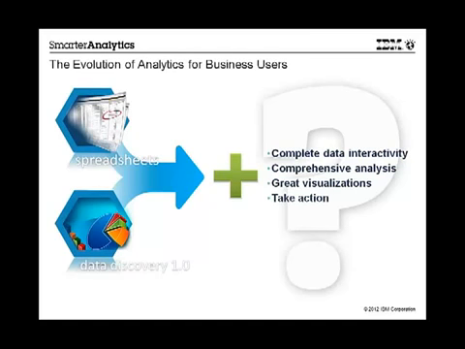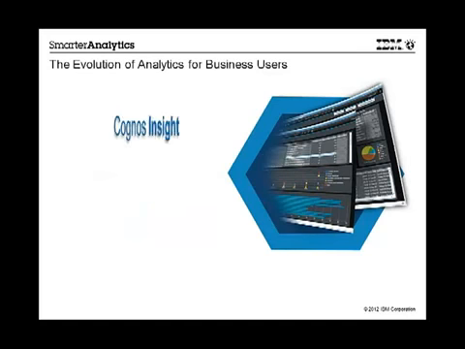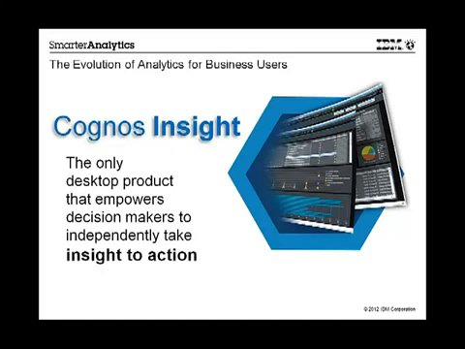And of course, last but not least, you should be able to take some action with that information. So what we needed was something that joined both the spreadsheet world and the data discovery tool world into one single product. And this is what Cognos Insight is, right now the only desktop product that we know of that empowers decision makers.